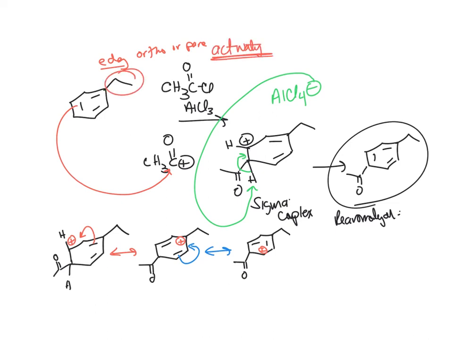That means the reaction's happening faster than benzene, and they're going to be ortho-para directors. Well, let me just show you why. It's because of this compound right here, this intermediate. Do you see how you have your carbocation on the tertiary carbon? Okay, you can't get a tertiary carbocation in benzene, but you can when you have an alkyl group, and that makes it activating.